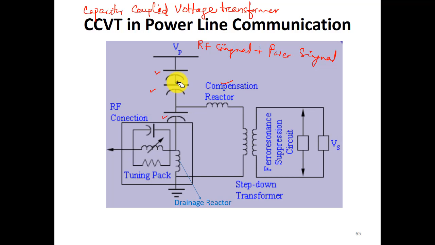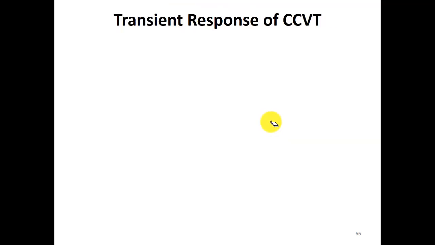Now you can see here, in the secondary side we have a ferroresonance suppression circuit, which helps us to suppress the ferroresonance. We will not talk much about the ferroresonance. Now we'll see the transient response of the capacitor coupled voltage transformer.